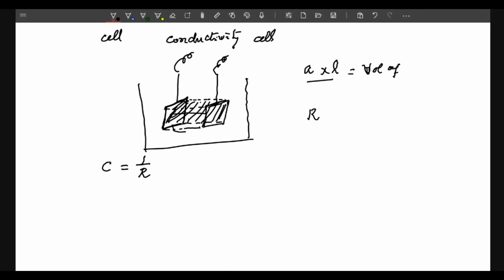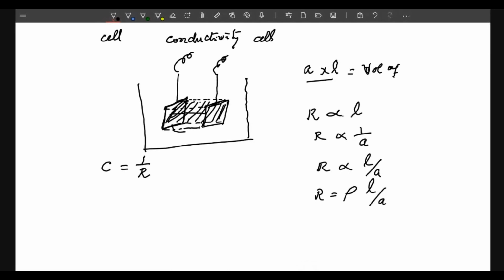The resistance offered to the movement is directly proportional to the length of the passage, that is the distance between the two electrodes, and inversely proportional to the area of the electrode. Therefore, it is divided by A, and removing the proportionality, we introduce the proportionality constant.